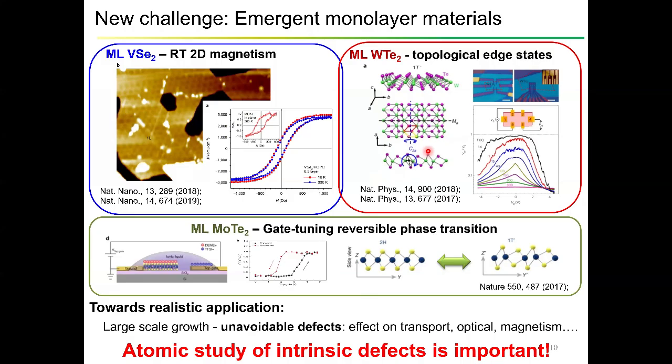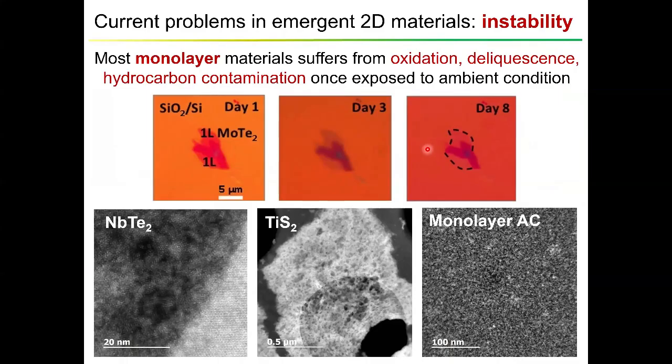However, there's a large problem in investigating the atomic structure of these low-dimensional quantum materials: structural instability. Most quantum monolayer materials suffer from oxidation, deliquescence, and hydrocarbon contamination once exposed to ambient conditions.